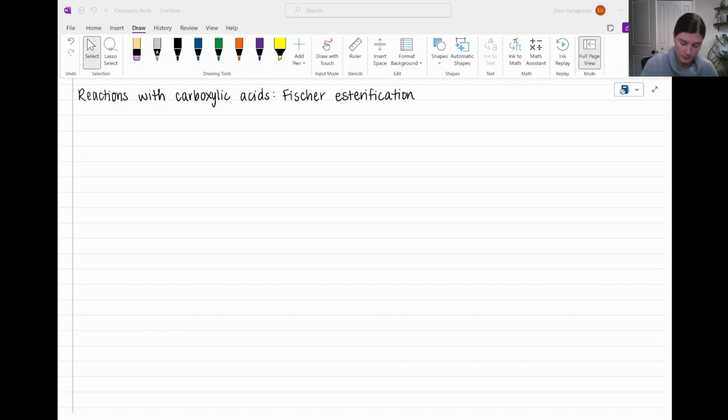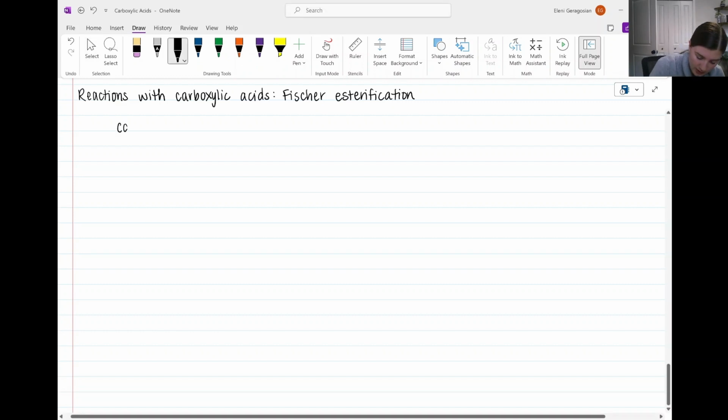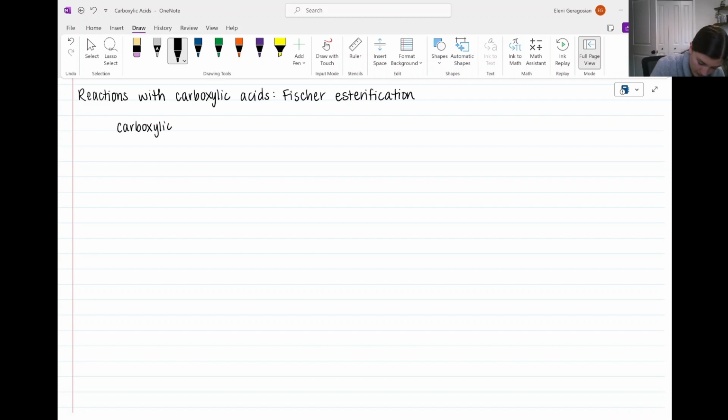And so generally, this reaction starts with a carboxylic acid. So here's our carboxylic acid functional group. This reaction requires an acid and then some alcohol solvent.